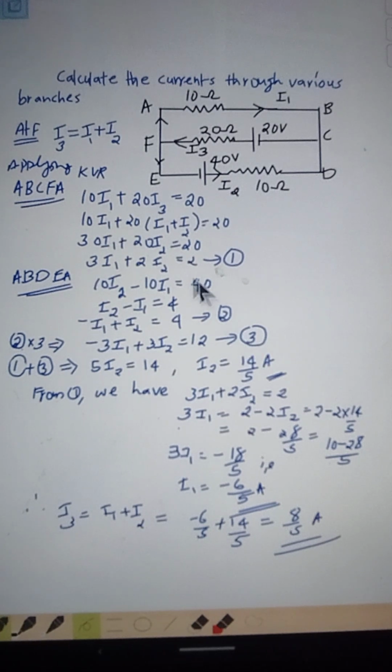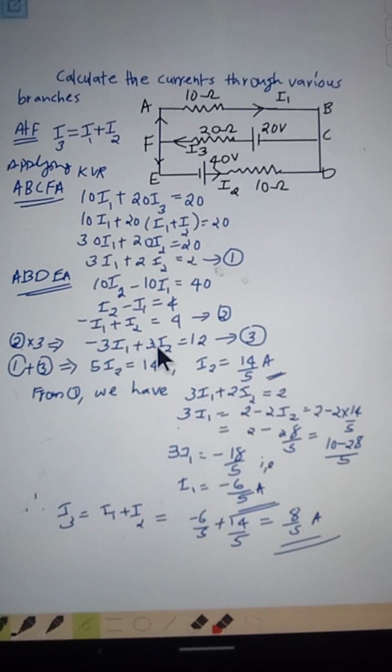Now comparing equations 1 and 3. In 1 we have the 3 I1 term, and in equation 3 we have the minus 3 I1 term. So if 1 and 3 are added, the I1 terms can be eliminated. So 3 I1 plus minus 3 I1 will be eliminated.